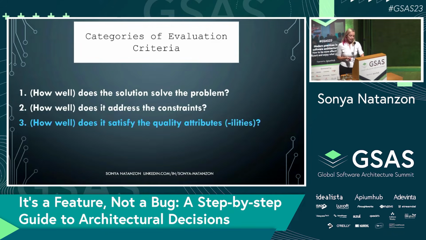And last but not least, how well does it satisfy the quality attributes or abilities? Now, those are basically constraints in their own right, but not the ones that business establishes. If you ask the business, do you want your solution to be performant and secure? They're going to say, yes, of course, we want it to be performant and secure. How performant, how secure, at what cost, with what trade-off?